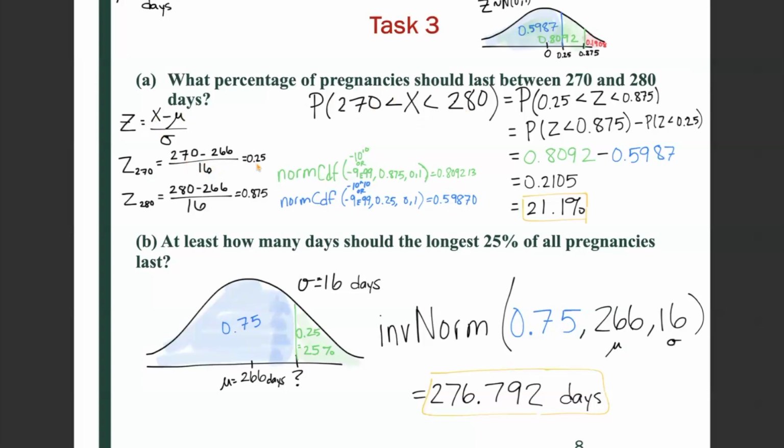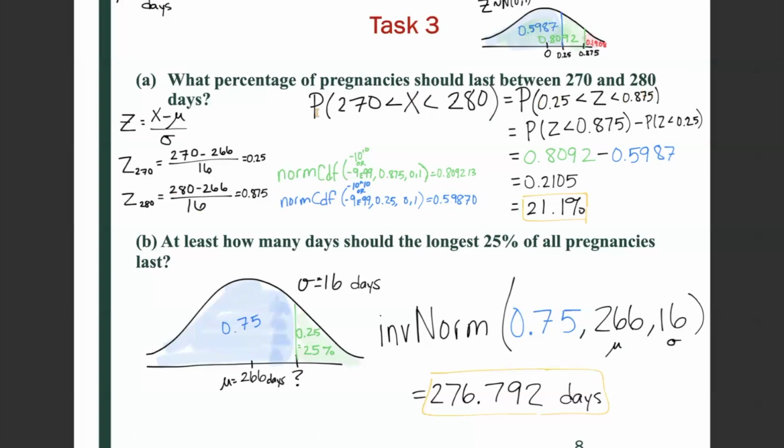That gives us 0.25. So that's our z-score for 270. And then our z-score for 280 is 280 minus the mean, 266 days, divided by 16, our standard deviation. We get 0.875.